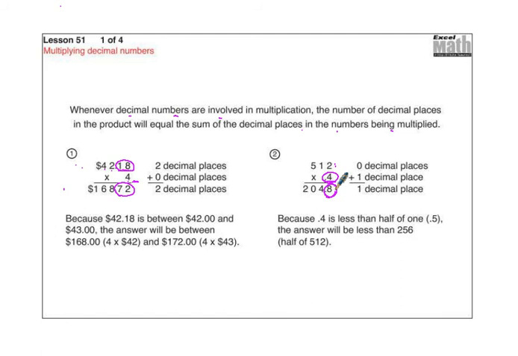Let's say I'm multiplying 3.45 times 0.06. If I was to do that multiplication problem, there are 2 here and 2 here. In addition and subtraction, we just brought the decimal point straight down. We don't do that in multiplication.